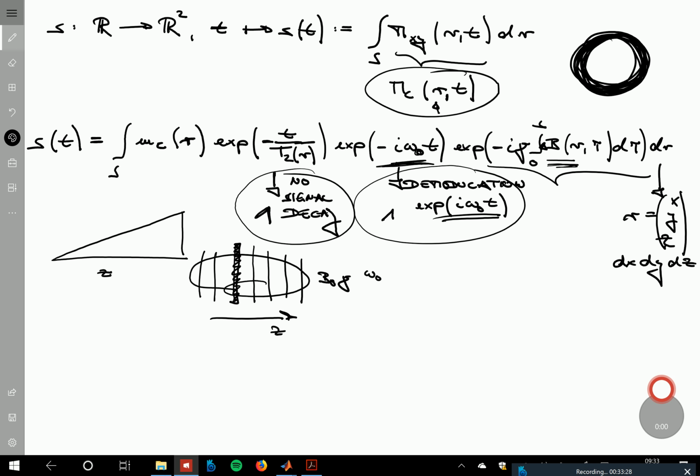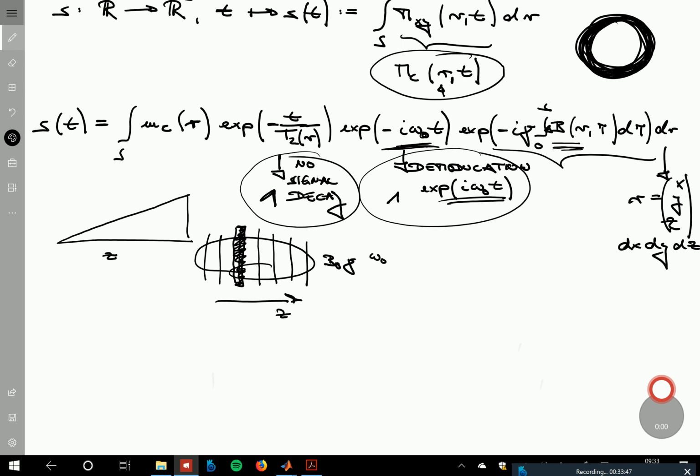And for the remaining spatial extension, because there's a finite width of what we have excited, we assume that the signal that we acquire is the average over the Z direction.